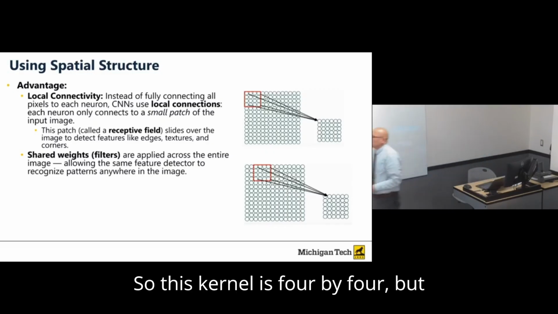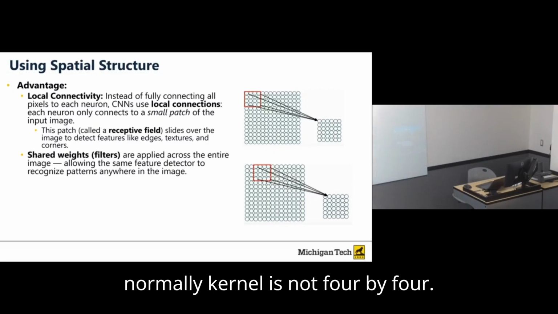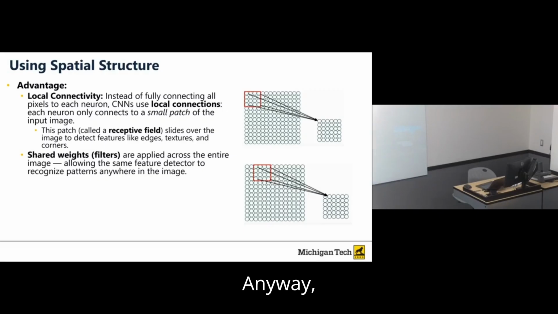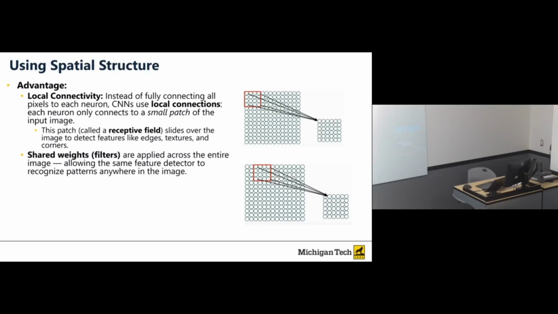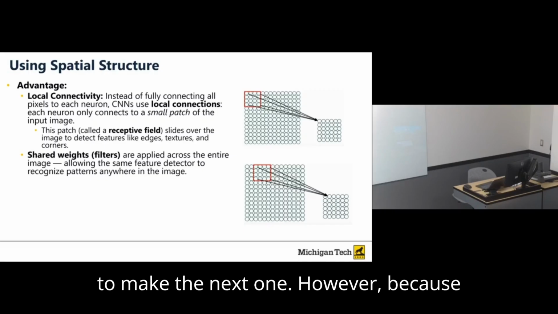This kernel is 4 by 4, but normally a kernel is not 4 by 4. As you can see, the 4 by 4 makes that pixel, and then we move it to make the next one.